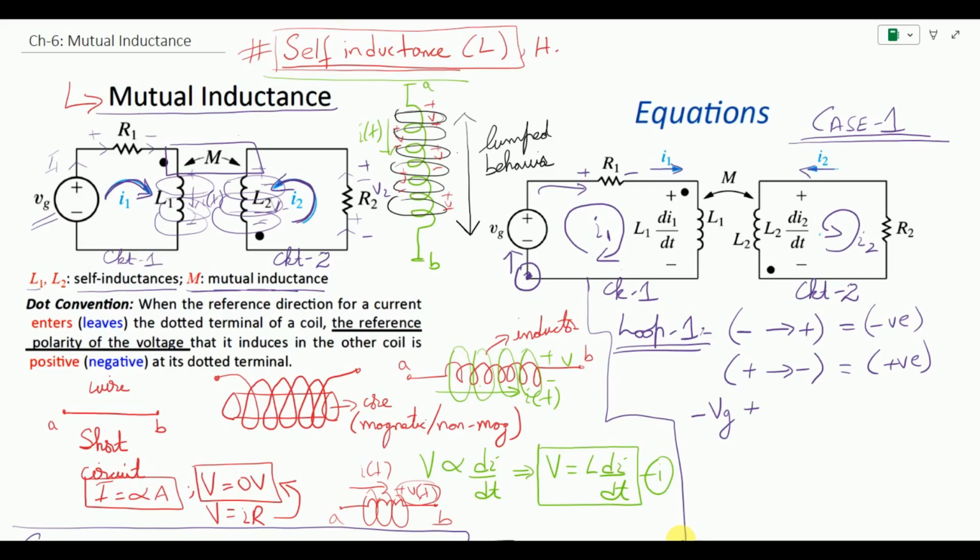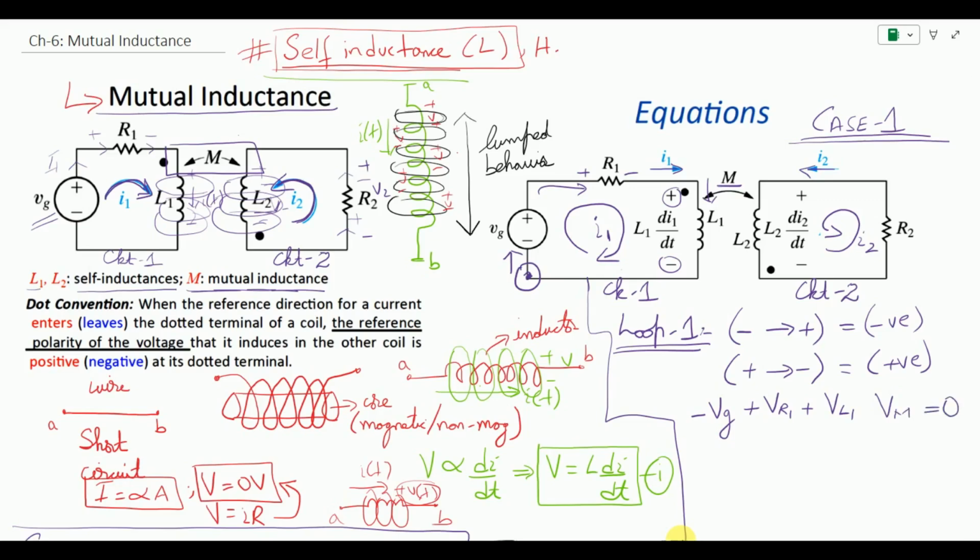So we write plus the voltage across resistor 1. Then we look into the inductor. We already know the polarity, so we write the voltage across L1. But now we need to consider the value of M. So we write the voltage with regards to M, and the whole equation equals 0.